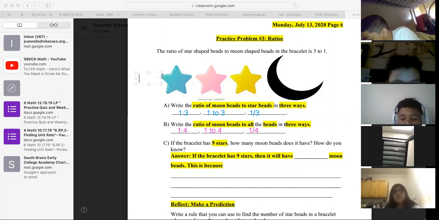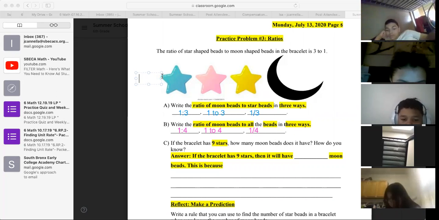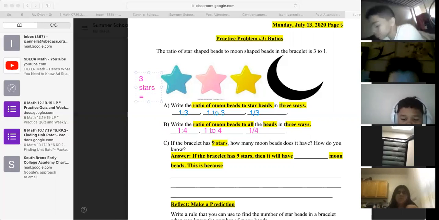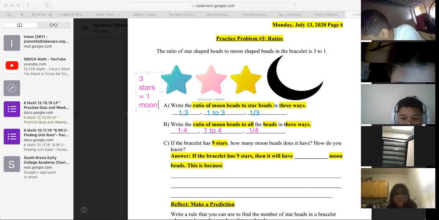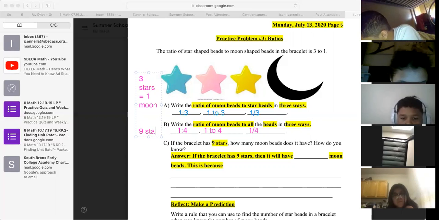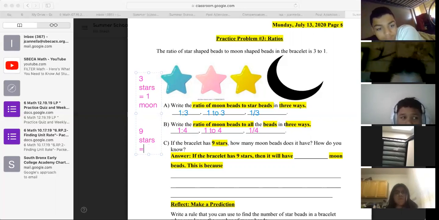Lorenzo, if there are 9 stars, how many moon beads does it have? Well, let's look at this. So we have 3 stars equal 1 moon. And now we want to have 9 stars. This is pretty straightforward. See if you can figure it out.